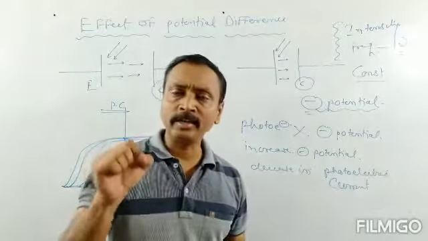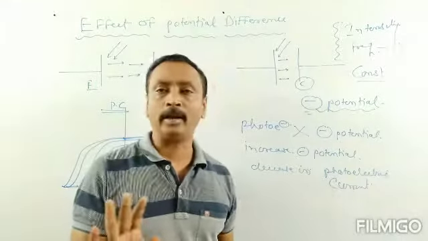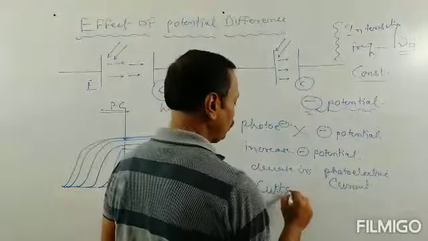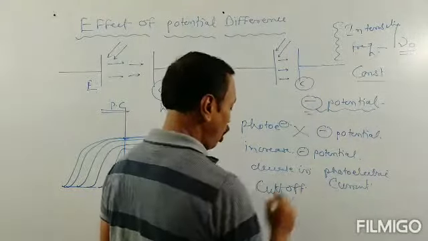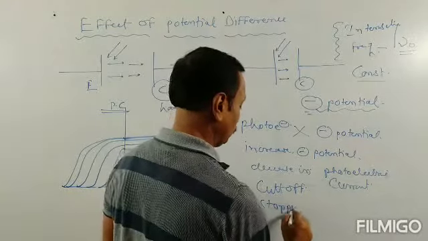But at a certain stage, there is no photoelectric current at all. That particular point is called the cutoff point, or in another word, the stopping potential.